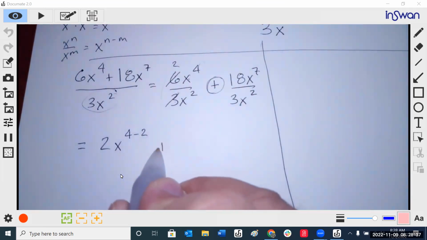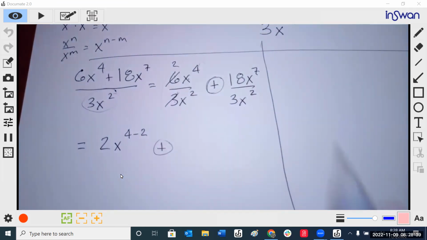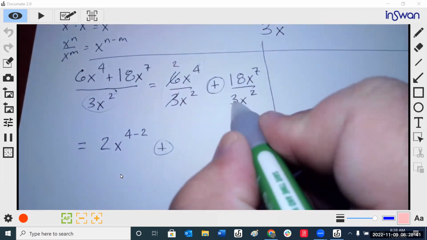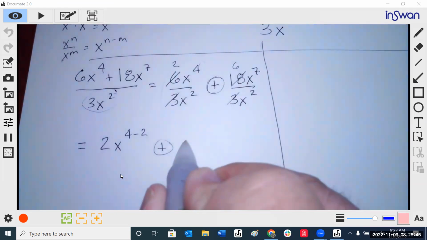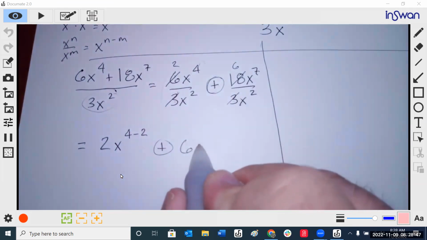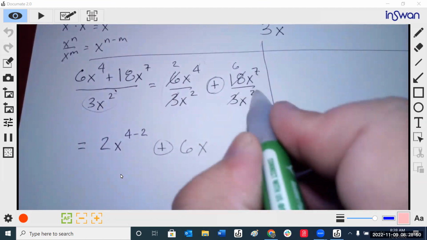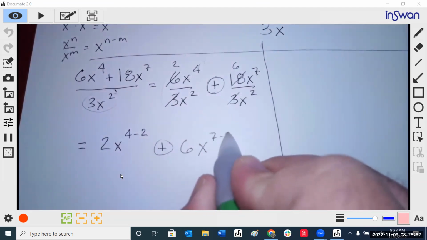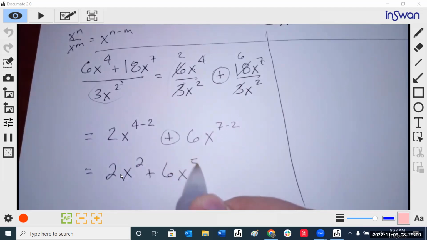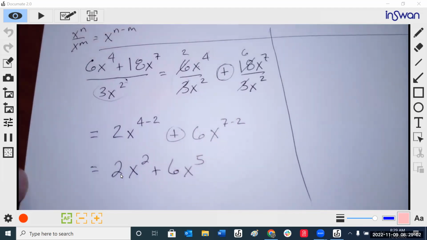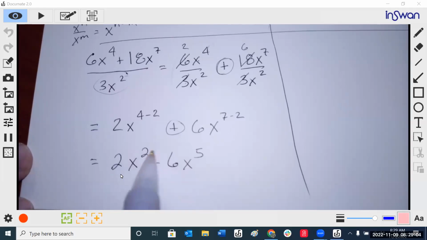There's the plus. Same thing. 18 divided by 3 is, so that becomes 6. You have 7 up on top and 2 on the bottom, so it's 7 minus 2. And your final answer is 2x squared plus 6x to the 5th.